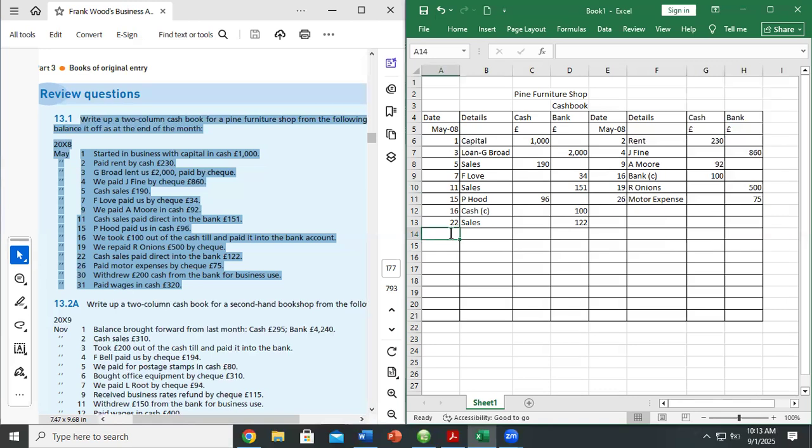So on the 30th, we debit cash in the name of bank, and that will be a contra entry. $200, and then we credit bank on the same date.